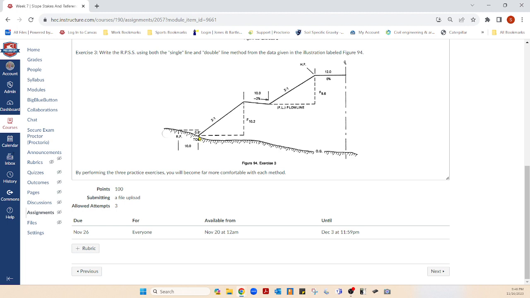Well, that's going to be a fill, right? This was a fill of 10. This one's going to be a fill to, where am I? I'm getting lost. That's a fill to 10.